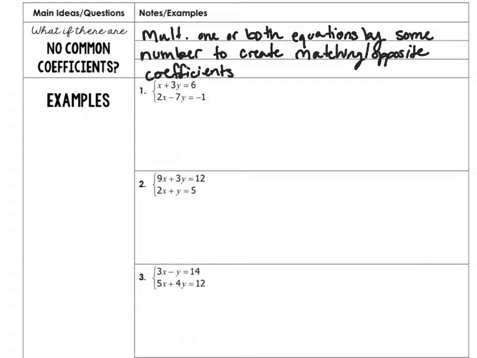So we're going to change some of these problems in order to get matching coefficients or opposites.